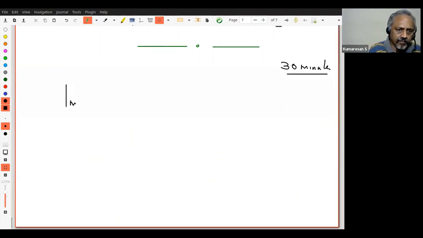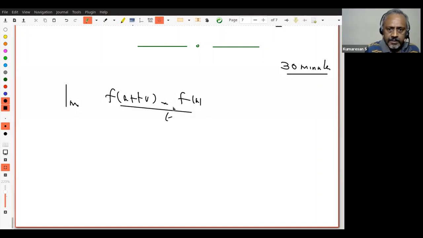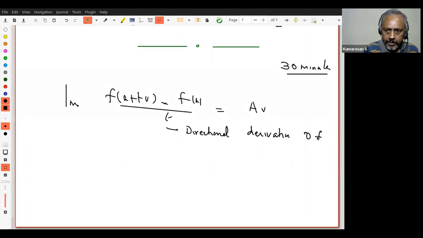The limit of f of a plus tv minus f of a, divided by t. This we have seen, this is A of v, and this is called the directional derivative of f at a. In which direction? In the direction of v.